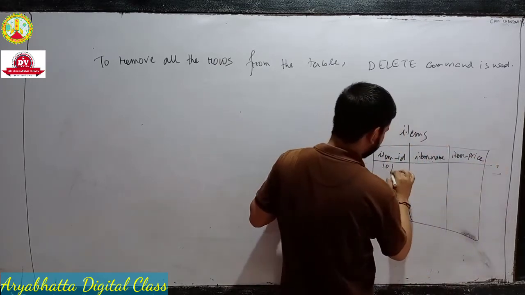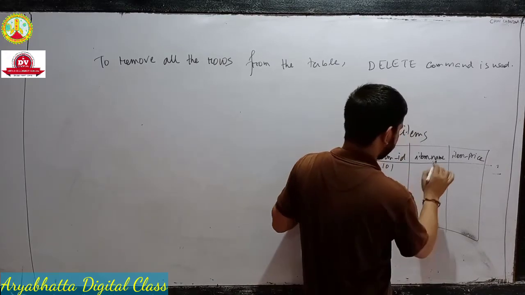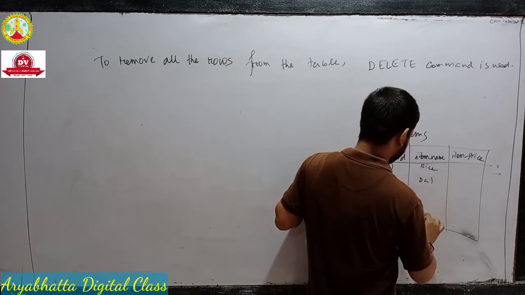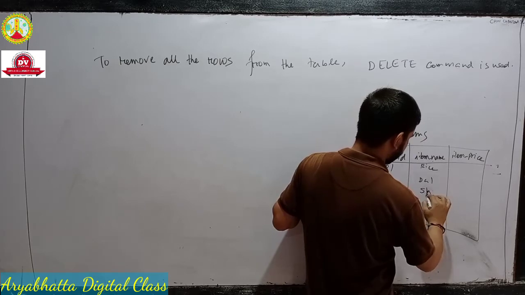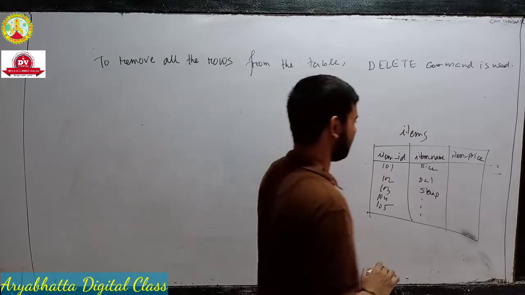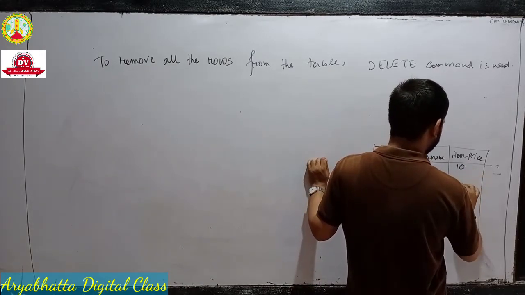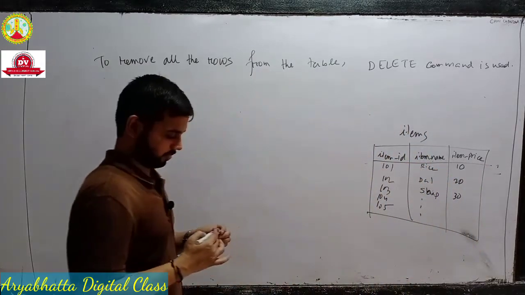Suppose there are 5 items with item IDs 101, 103, 5. Item names are rice, dal, soap, like that. And item prices are 10, 20, 30, like that. So this is an existing table.